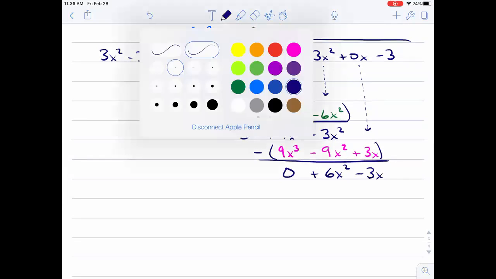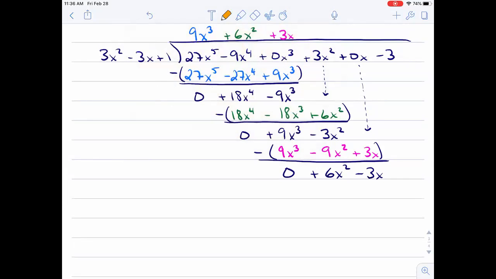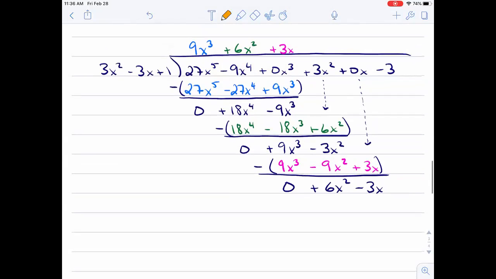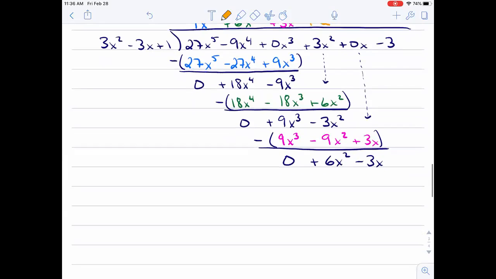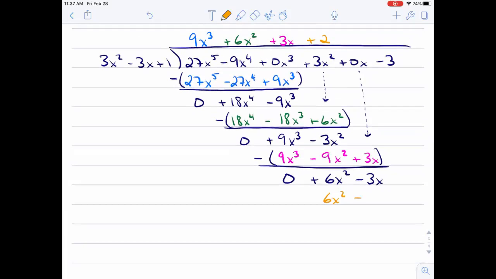One more color here. 6x squared divided by 3x squared is plus 2. 2 times 3x squared is 6x squared. 2 times negative 3x is minus 6x, plus 2.